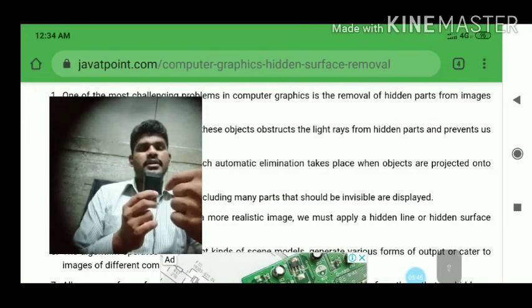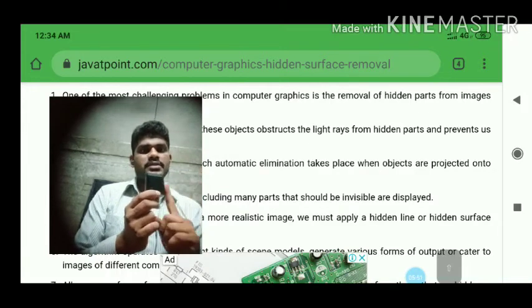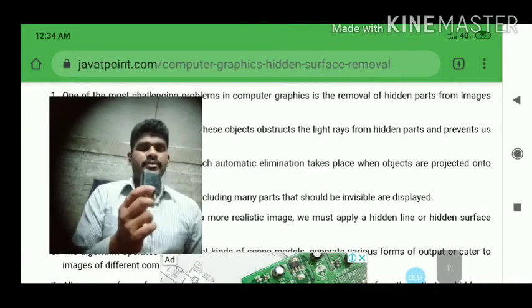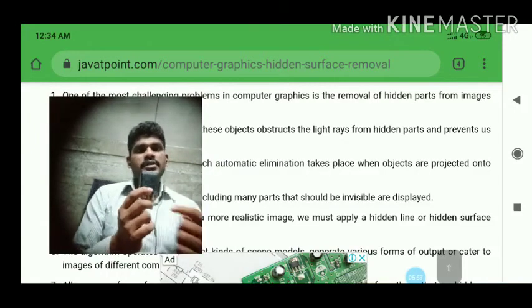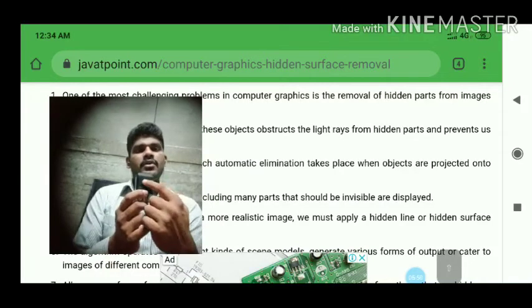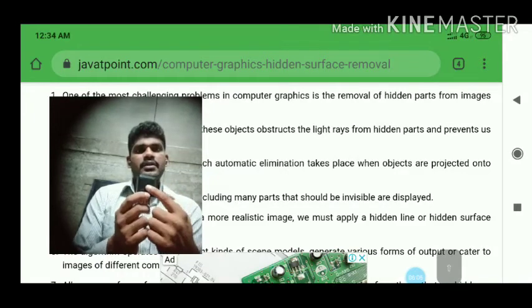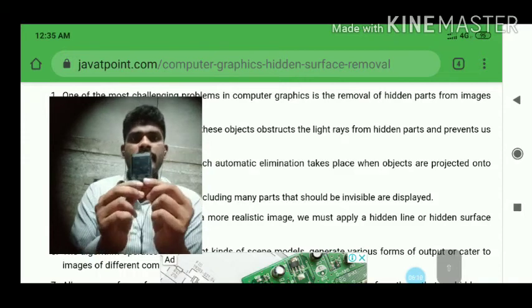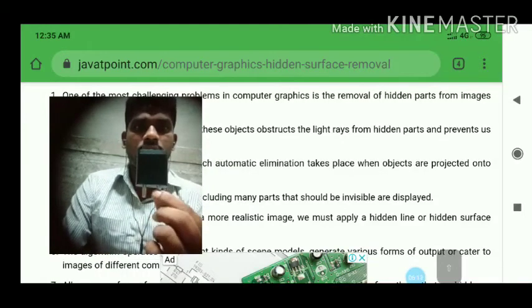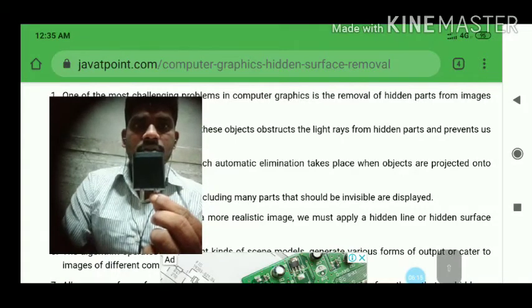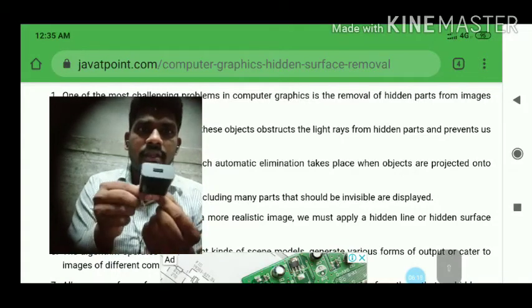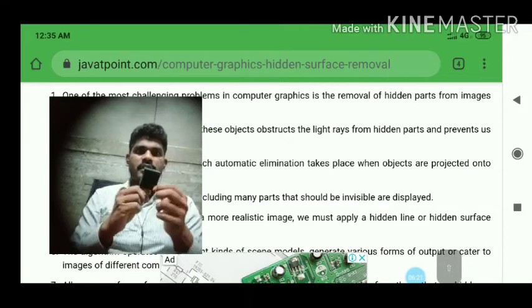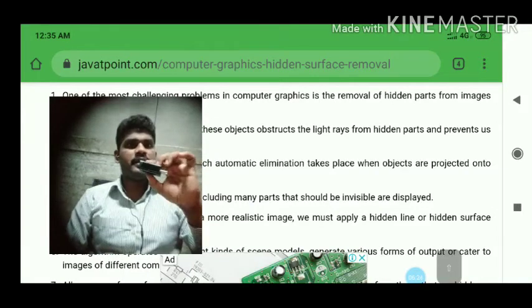When you're looking at the front, you couldn't see the back, you couldn't see the side, you couldn't see the top. What you are seeing now is called visual surface detection. If you want to draw this image, how can you draw it? You will draw a rectangle. This is a rectangle object. You couldn't see the top surface, the bottom, or the sides.